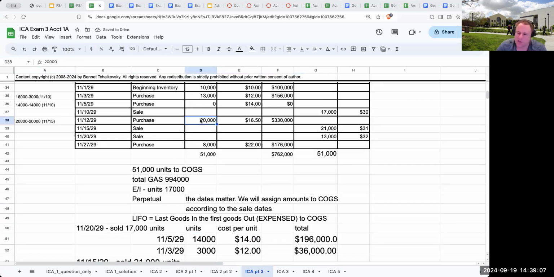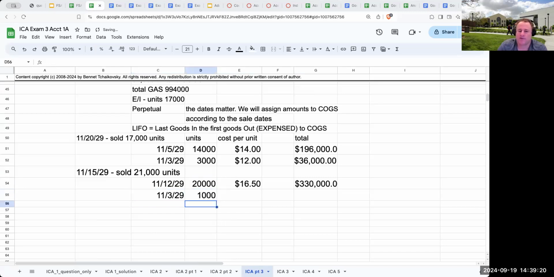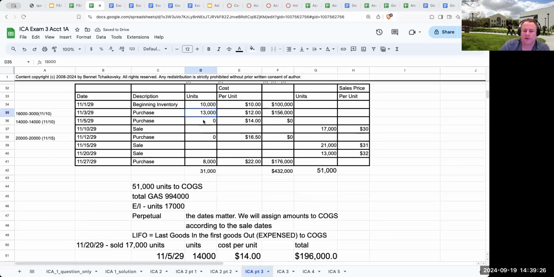Once I take this to cost of goods sold, I need to remove it from my inventory, but I am not done. I only have 20,000 units so far. I need another 1,000. So I'm going to need to go to 11/3/29 and take 1,000 units at $12 for a total of $12,000, because I got rid of everything on 11/5.